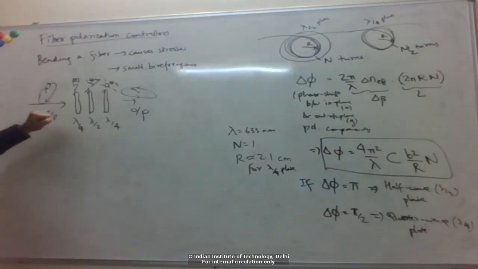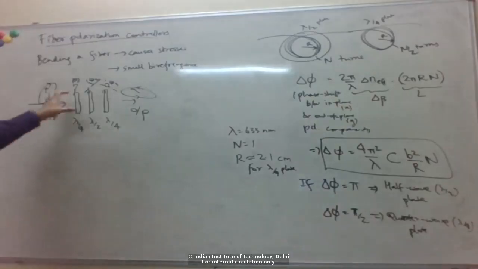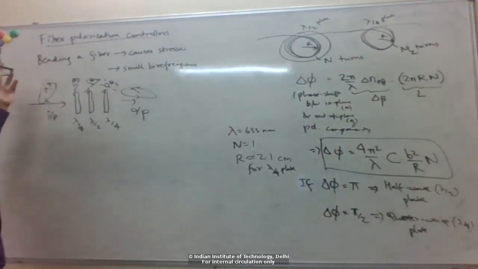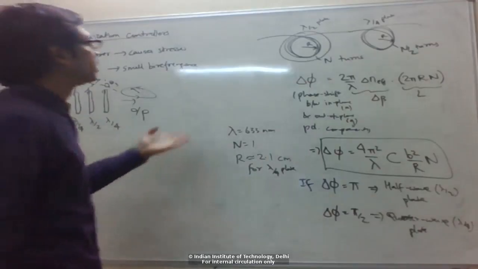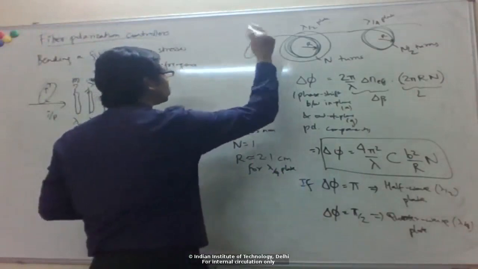By adjusting these angles θ1, θ2, θ3 for these wave plates, you can convert any arbitrary input polarization into any arbitrary output polarization. So by adjusting these wave plates, you can compensate for any polarization. Polarization controller means you don't know: at the input, some arbitrary polarization is coming in.